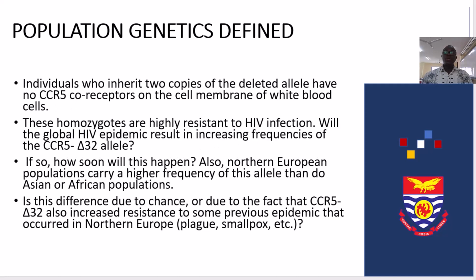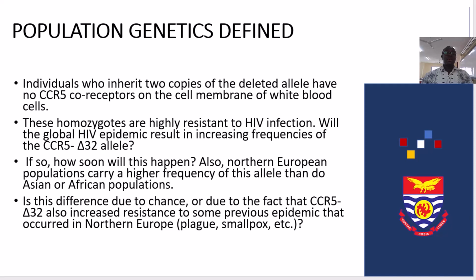So individuals who inherit two copies of the deleted allele have no CCR5 co-receptors on the cell membrane of quiet blood cells. These homozygotes are highly resistant to HIV infection. Will the global HIV epidemic result in increasing frequencies of the CCR5 delta 32 allele? If so, how soon will this happen?